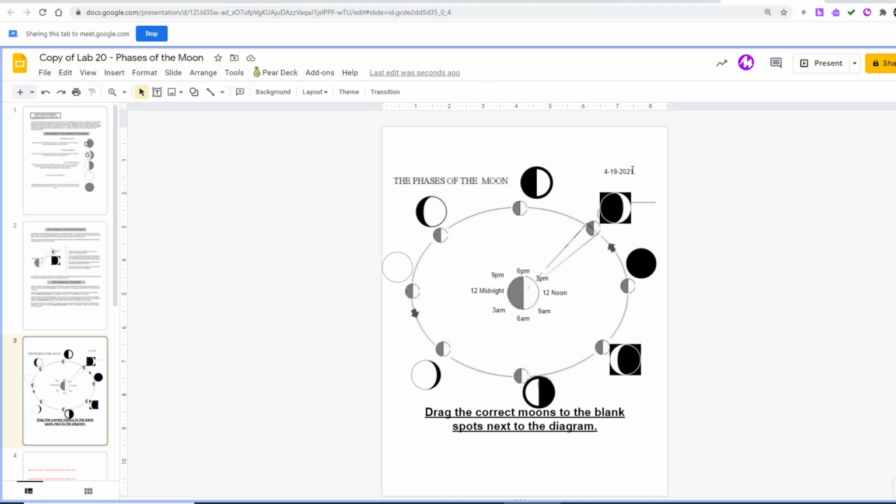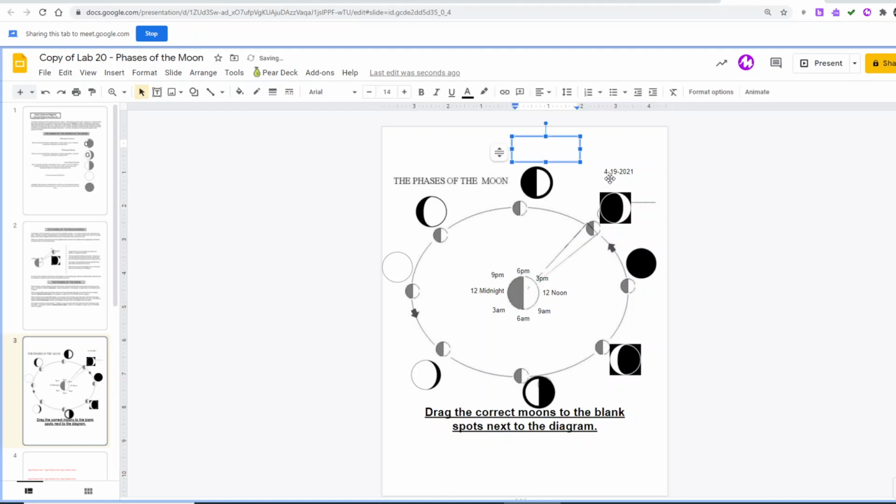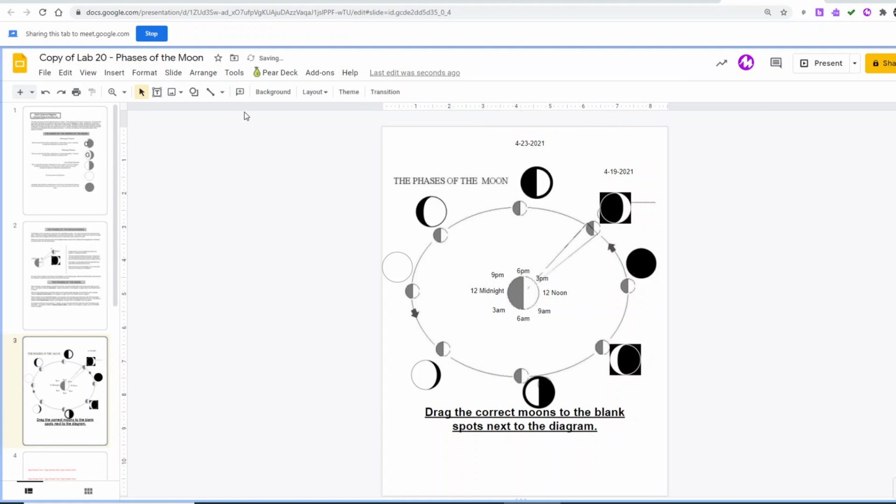Now, if it takes about 28 days for a complete cycle of moon phases, that's about 4 days per phase. About. It's actually a little less than that, but this will work out. So let's try and predict when it will look like this. Well, if it's 4/19, let's add 4 days. That would bring us to 4/23.